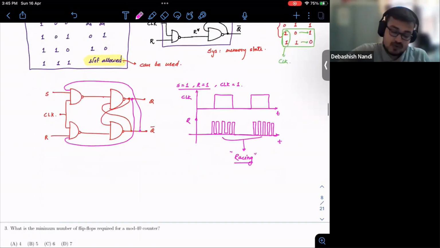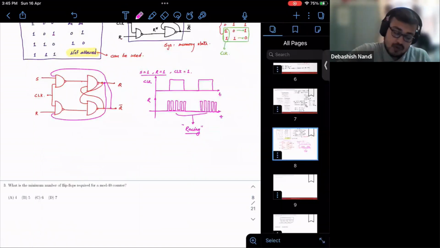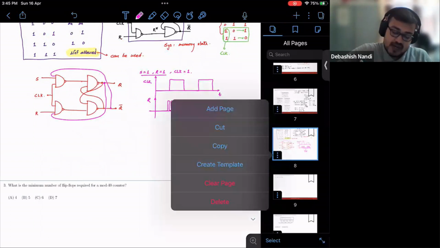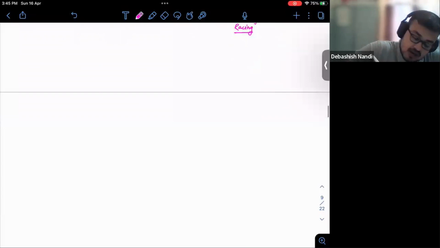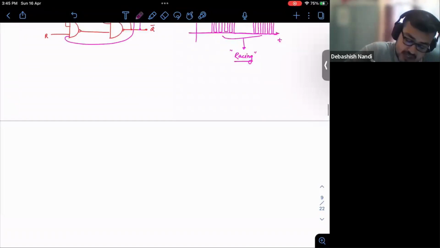So what can we do? To mitigate this, what do we have? We have something called master slave configuration, right? Not useful.